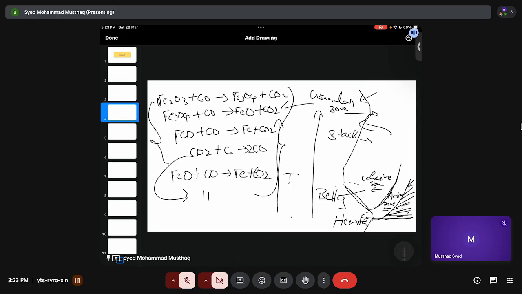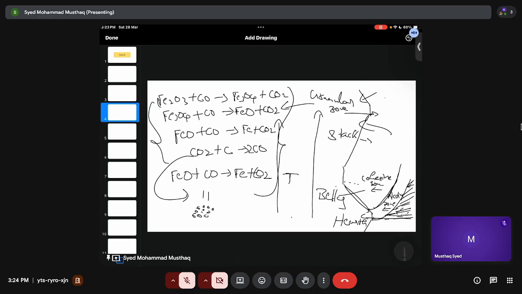And in the stagnant zone, you have coke standing on your slag and liquid metal. Let's say this is my hearth, this is my slag, and this is my liquid metal. This is my stagnant zone, the dead man zone, right?